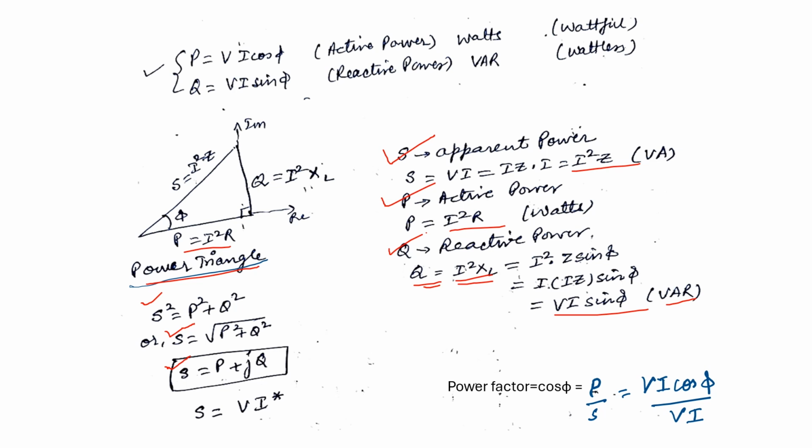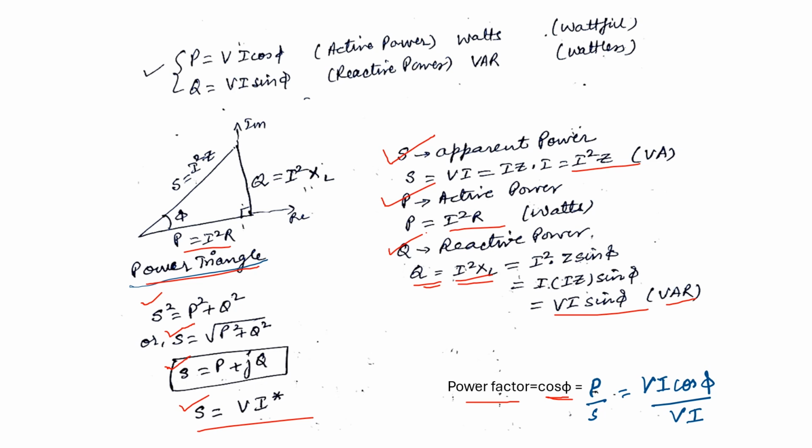Also, this power S can be obtained by the formula V I conjugate, that is the product of V_RMS and the conjugate of the I_RMS value of the current. Now from this triangle, we see that an angle phi has been indicated. If we take the cos of phi, this gives us the power factor.